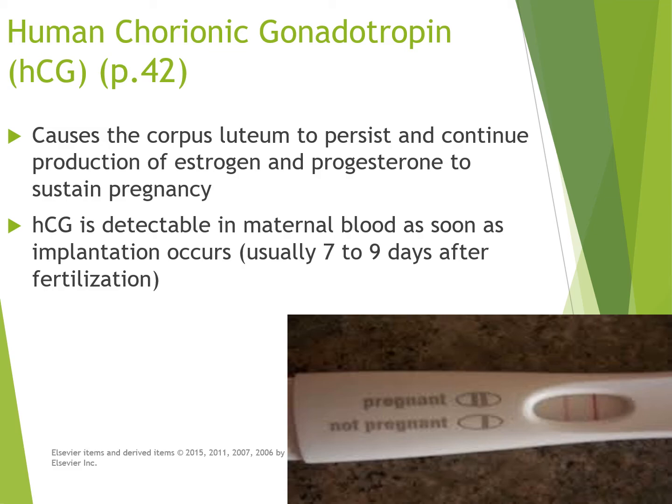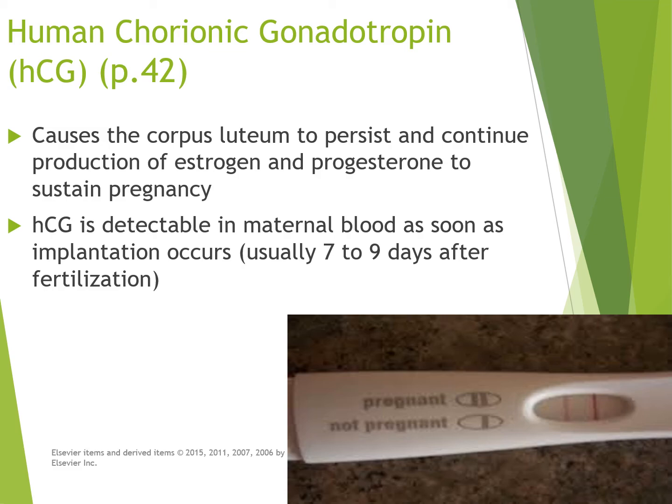Okay, HCG. It's a huge part of pregnancy. It's how we know we're pregnant usually. It causes the corpus luteum to persist and continue production of estrogen and progesterone to sustain the pregnancy. So when you talk about people who've had losses and they go to fertility specialists, that's one of the things they check, their estrogen and progesterone levels, and they keep a very sharp eye on those levels.